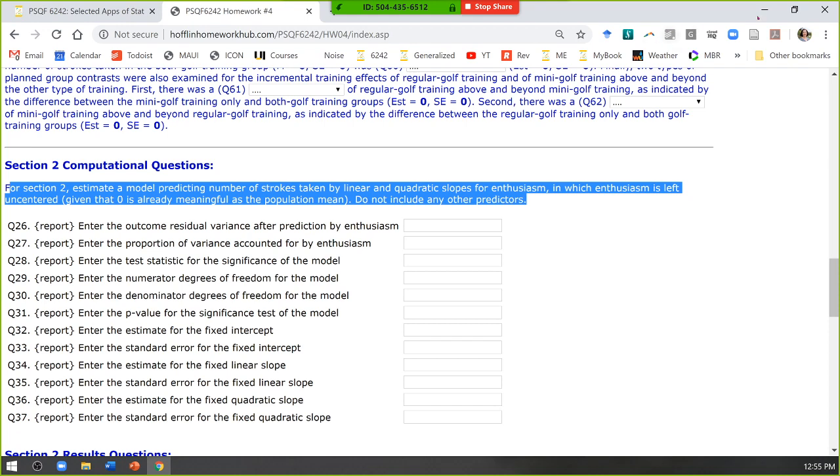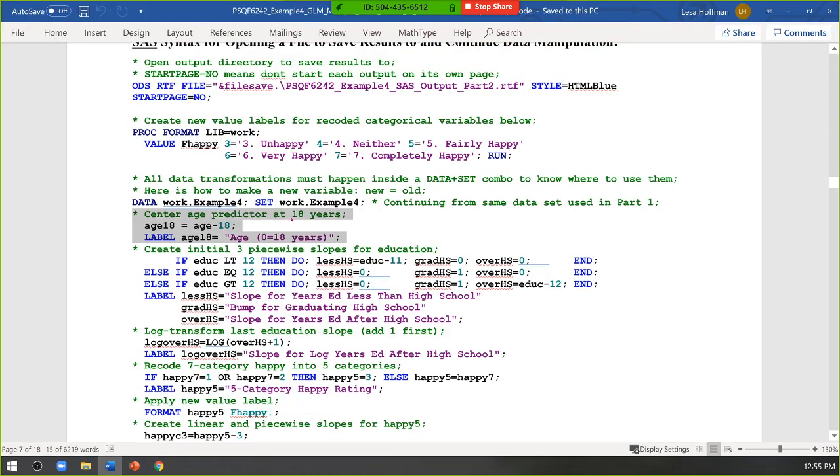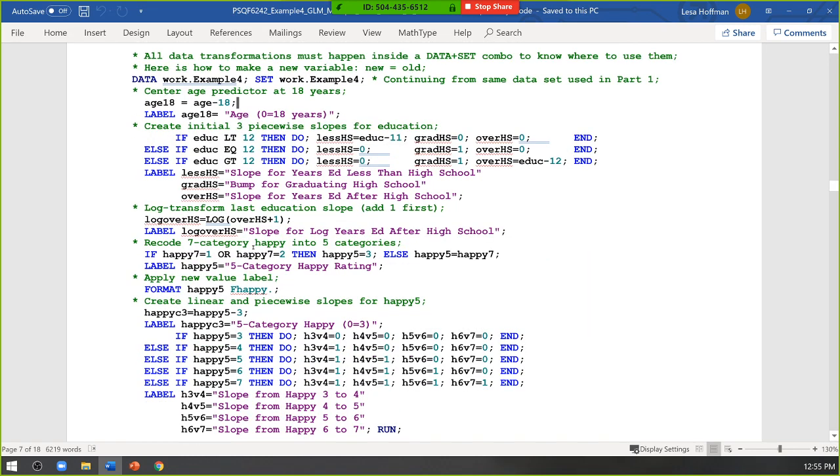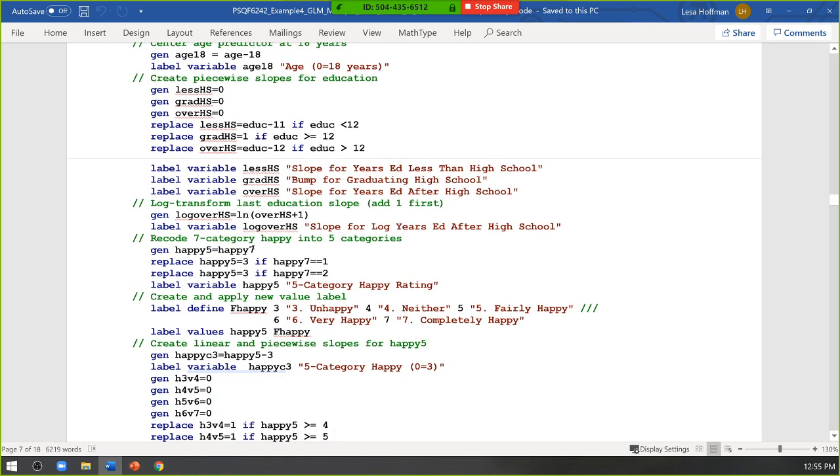So that means uncentered, you can skip that step. You don't need to make any new variables to be able to do this. You don't even need to make the squared variable because you can do that on the fly within the model itself. So you can skip all the data manipulation stuff.